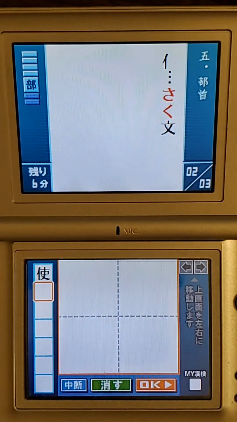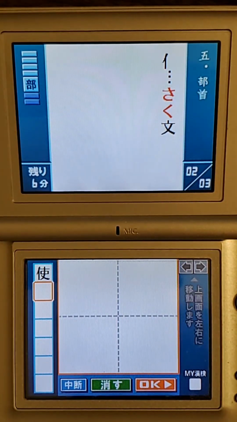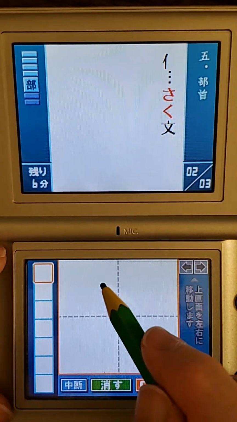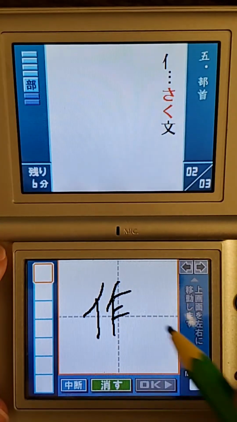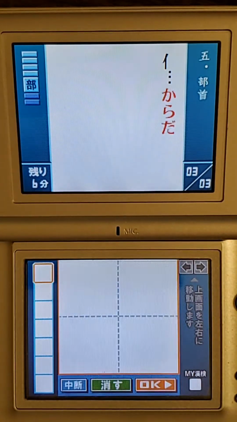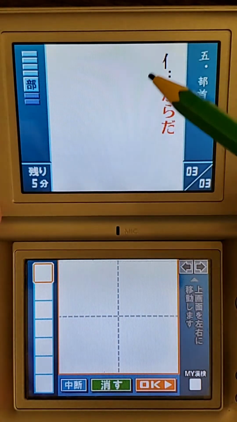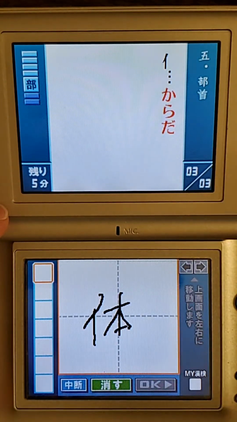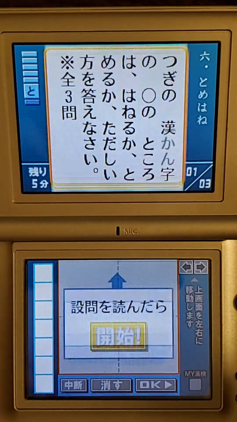No, that's to ska. That's to use. That's what it is. Sakubun. So use that again. Nimben and karada. So this. Nice.